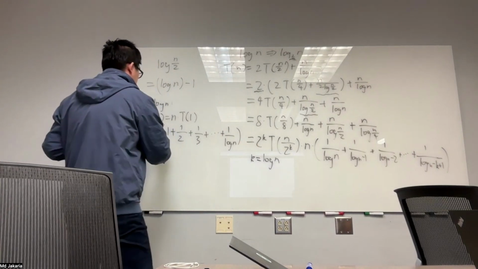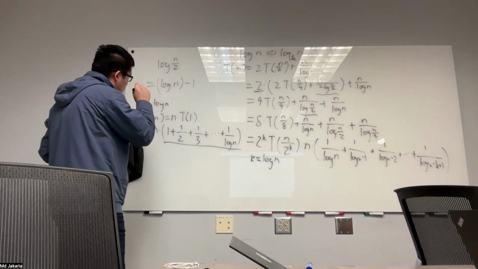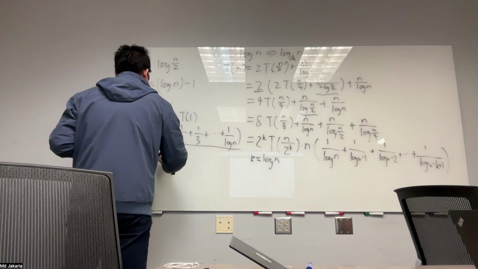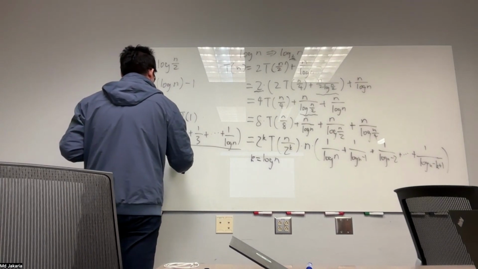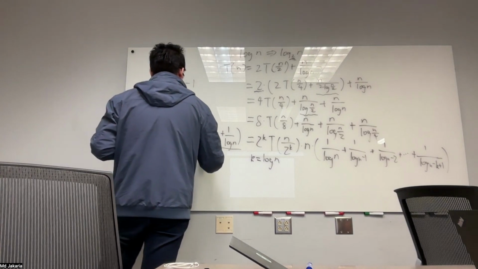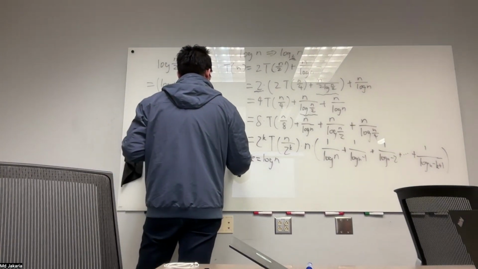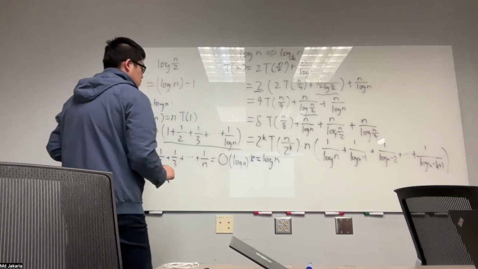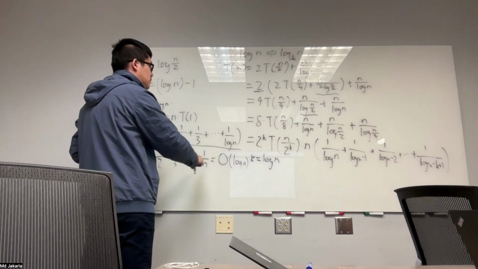And you have seen this, right? This is called the harmonic series, which is 1 plus 1 over 2 plus 1 over 3 plus up to 1 over n, and it is O of log n. You should probably go over this in class.